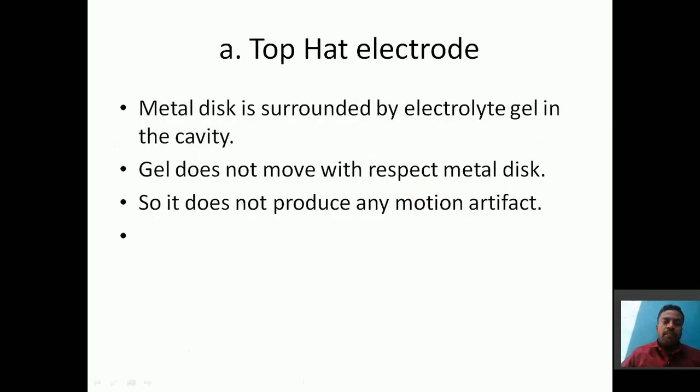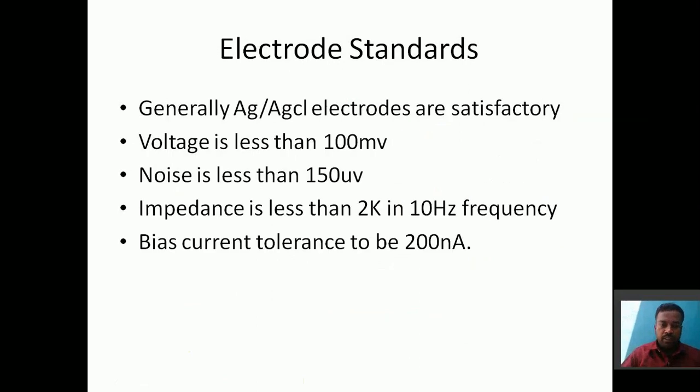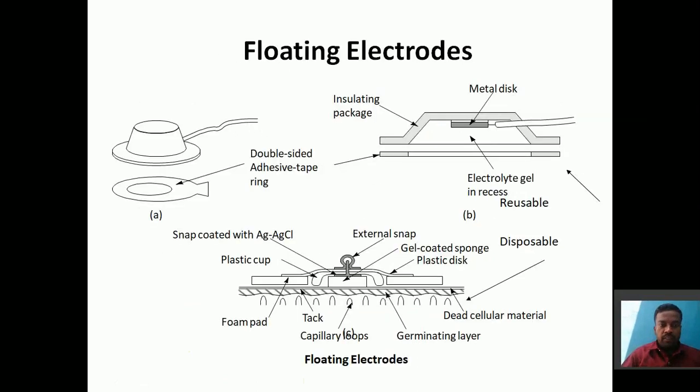First one, the tap electrode. Here the metal disc is surrounded by electrolyte gel in a cavity. This is a metal disc electrode surrounded by one cavity, an empty space, and in that empty space we fill electrolyte gel.